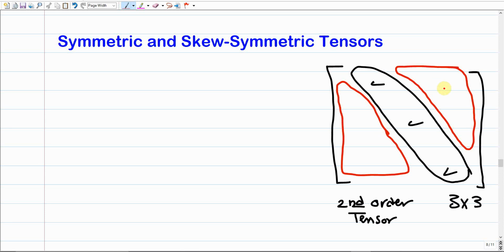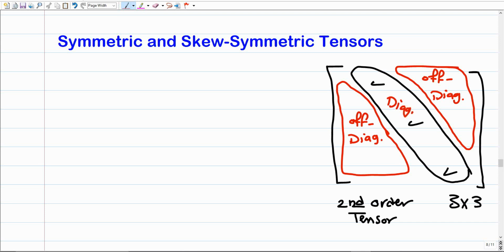So these are the off-diagonal components, but these are the diagonal components. Make sense?